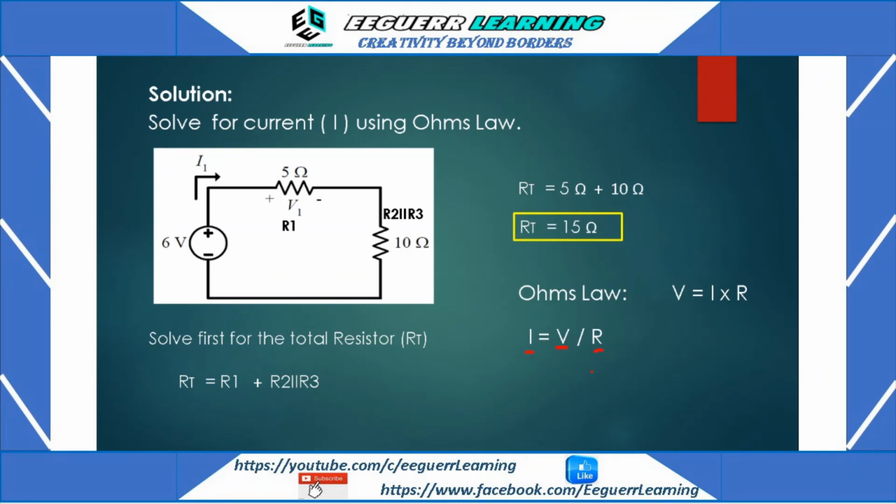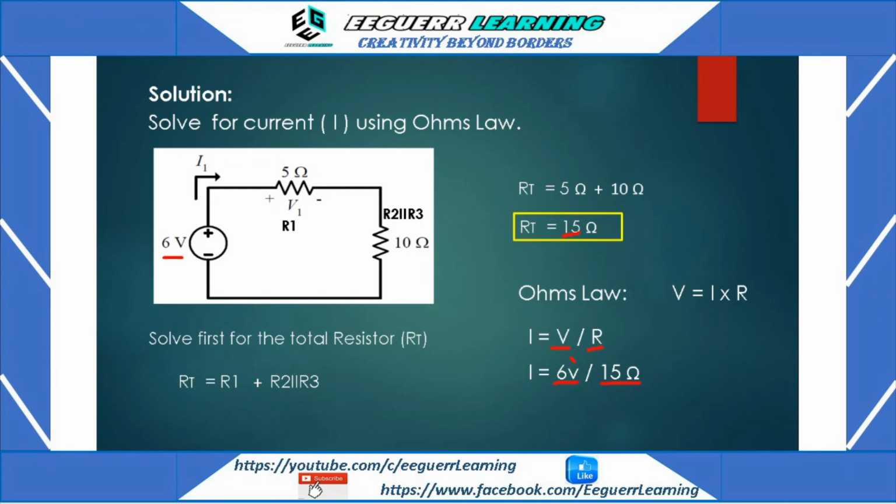Okay, then replace V and R with their values. So for V, we get 6 volts and place it here. And for R, we get 15 ohms and place it here.